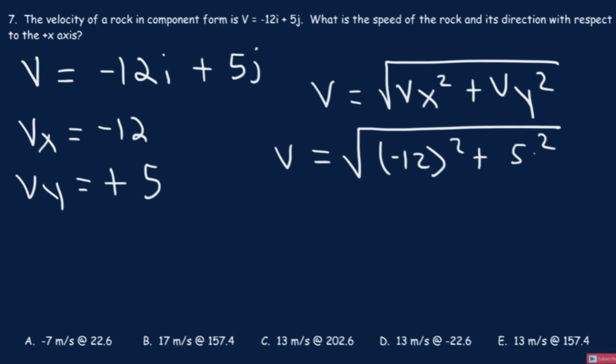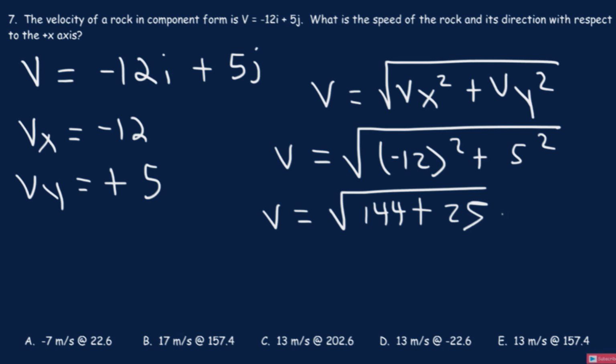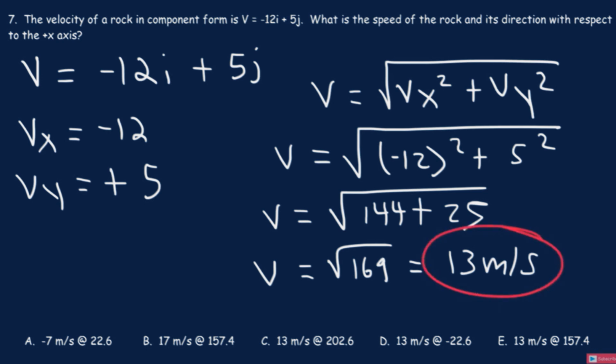Negative 12 squared is 144, and 5 squared, or 5 times 5, is 25. 144 plus 25 is 169, and the square root of 169 is 13 meters per second. So that's the value of the speed, which means we can eliminate answer choices A and B.